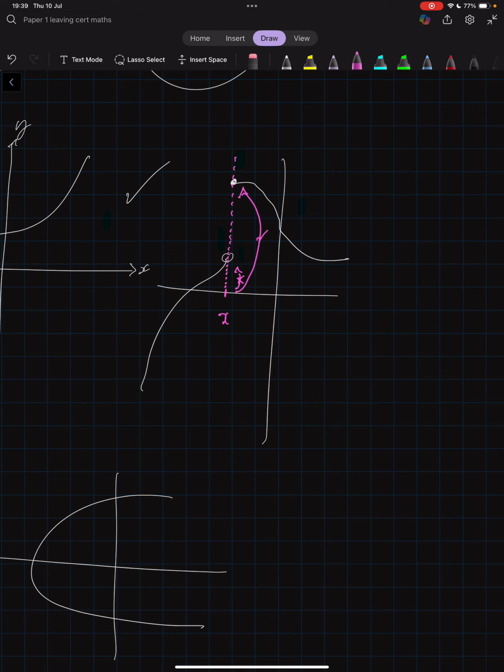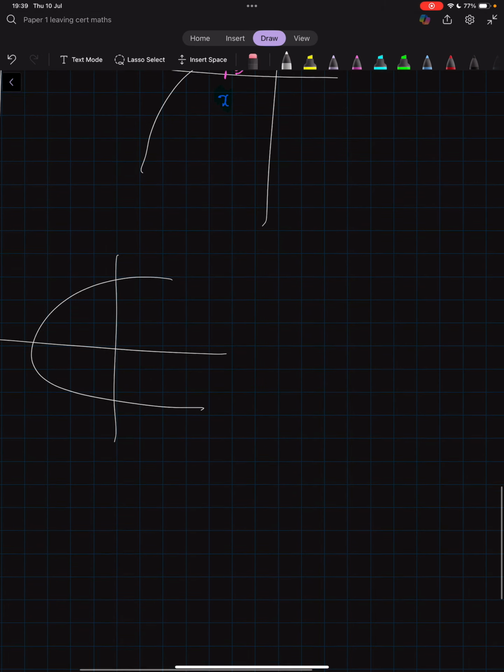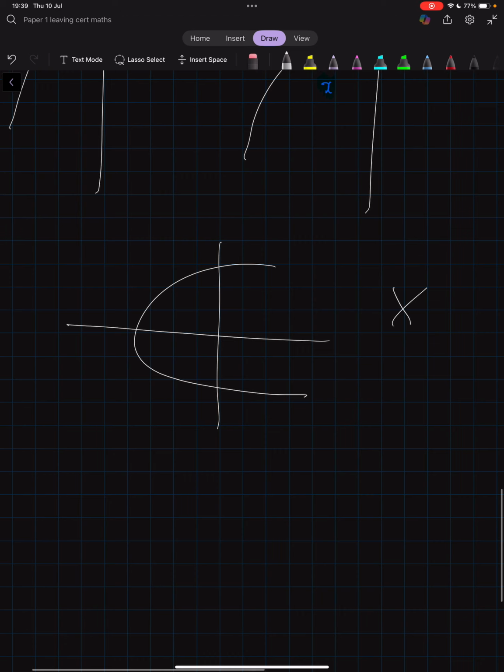Just to specify, for this specific value of x, you're only getting one value of y. And so is this a function? Yeah, that's a function too. So that's completely fine.